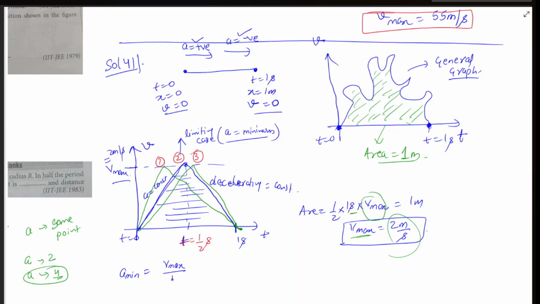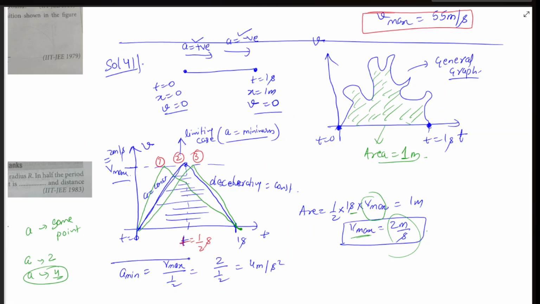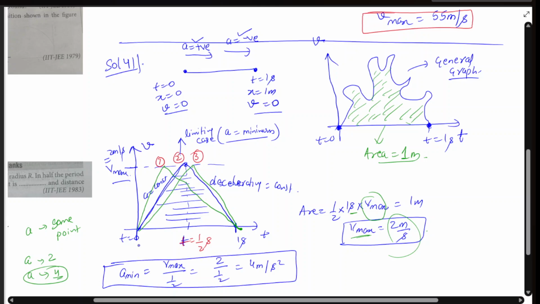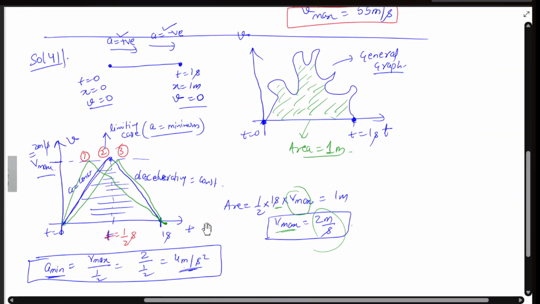Vmax divided by half a second. Vmax is 2, divided by half, comes out to be 4 meters per second squared. So what we have proved is that in this limiting case, the minimum value of acceleration must be 4. For every other case, we will have some point where acceleration will be greater than or equal to 4 meters per second squared, right?